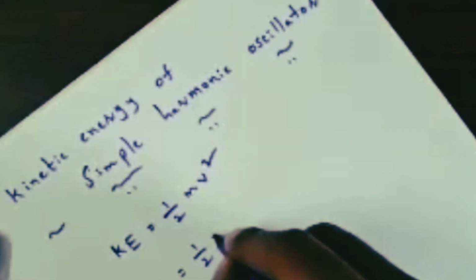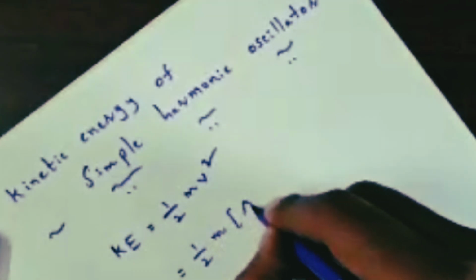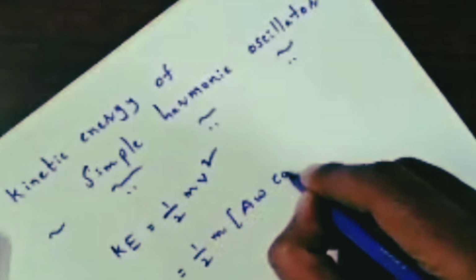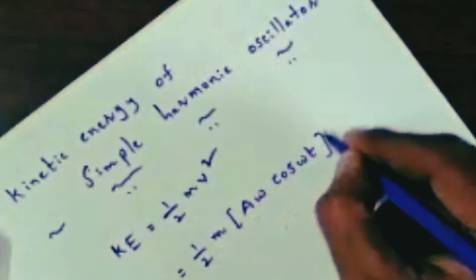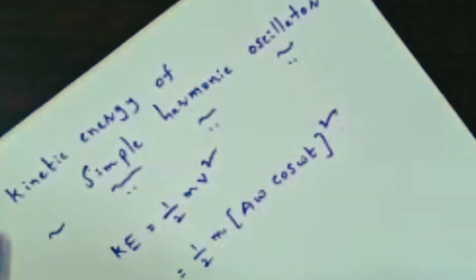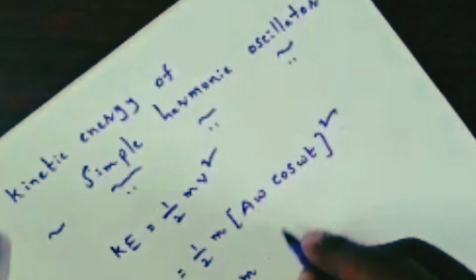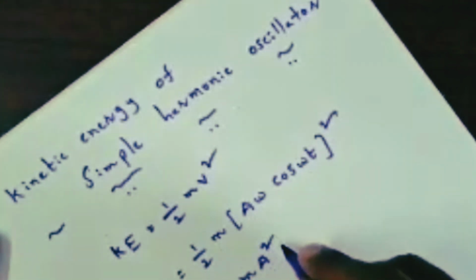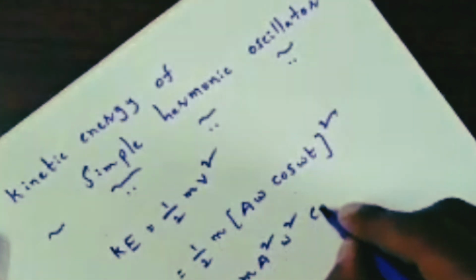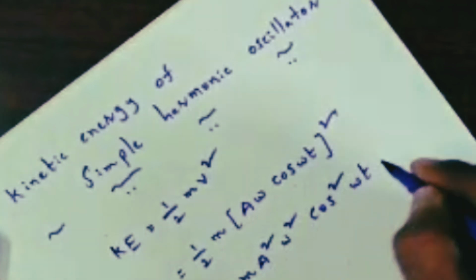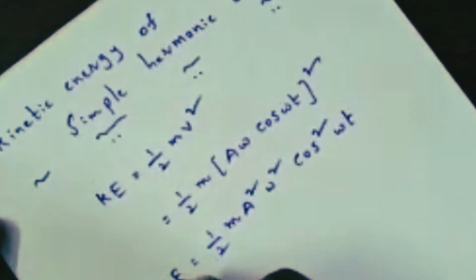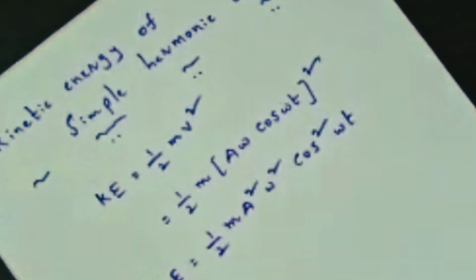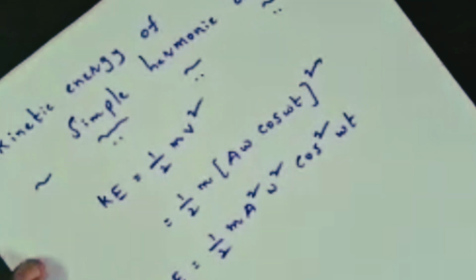Here v is the velocity of the simple harmonic oscillator, a omega cos omega t, whole square. So KE is equal to half m a square omega square cos square omega t.